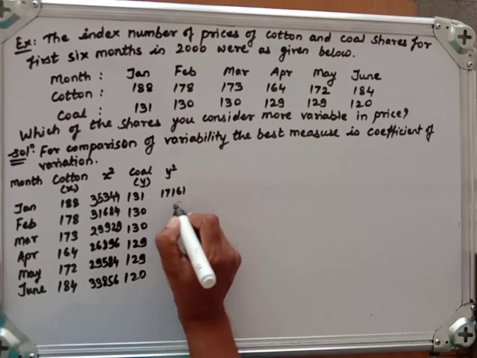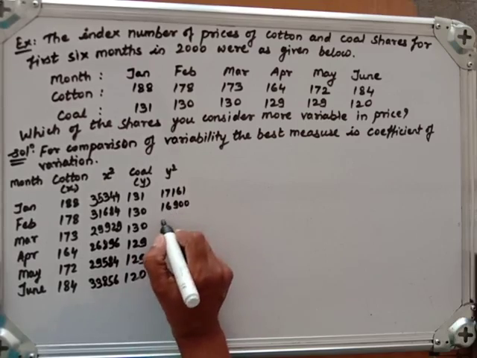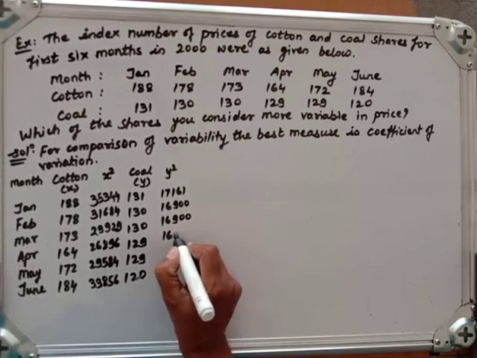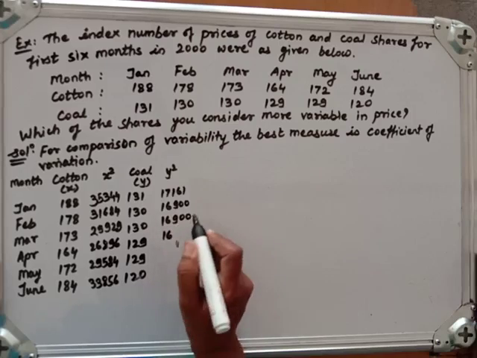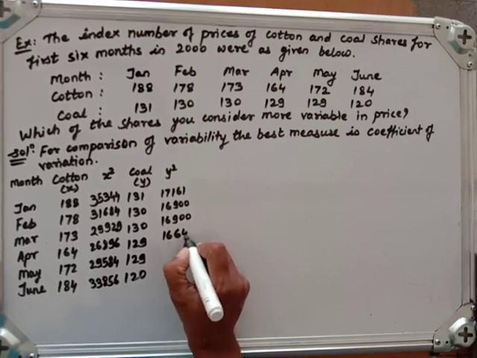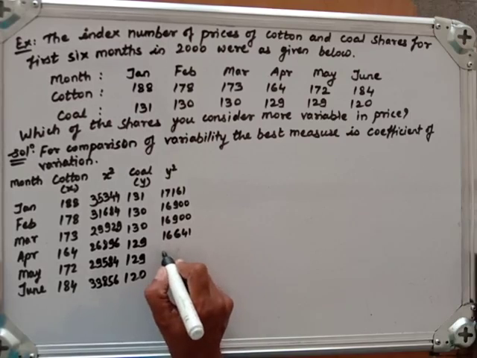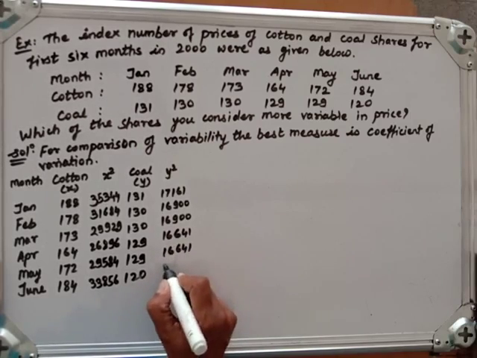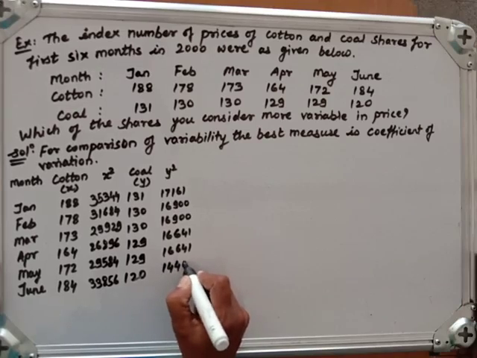Similarly, these squares are 17,161, 16,900, again 16,900, 16,641, 16,641 again, and 14,400.